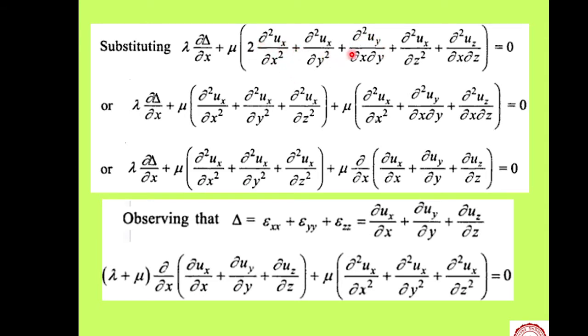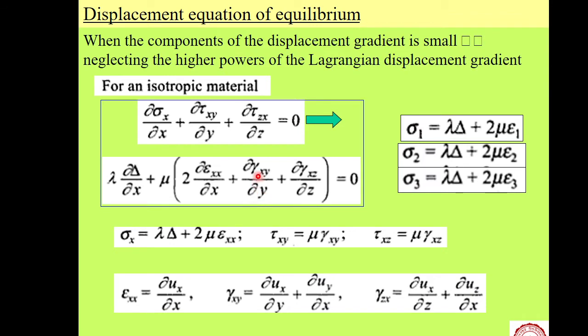And this part is coming from gamma xy. We will get the second derivative of ux with respect to y, and this would be del 2 del x del y of uy.